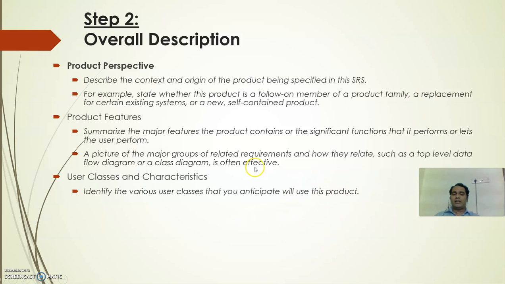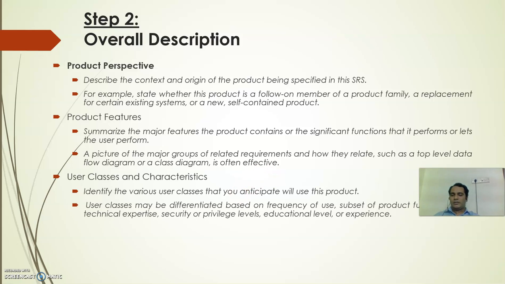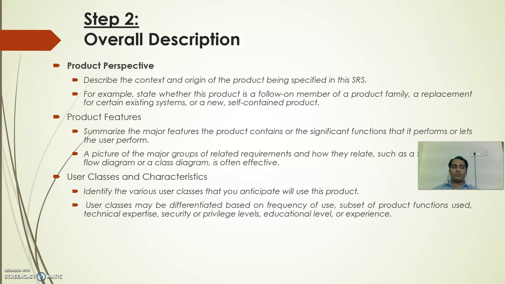For example, in a library management system, the users may be student, administrator, or faculty. Likewise, user classes may be differentiated based on frequency of use, subset of product functions used, technical expertise, security or privilege levels, educational levels or experience.